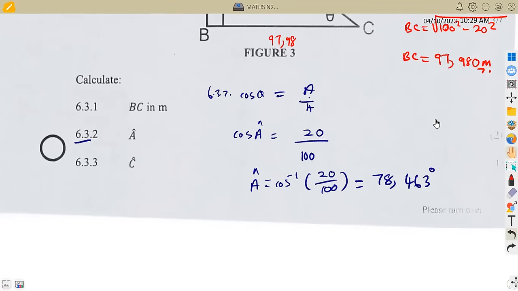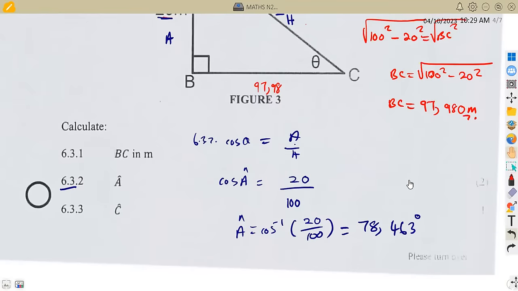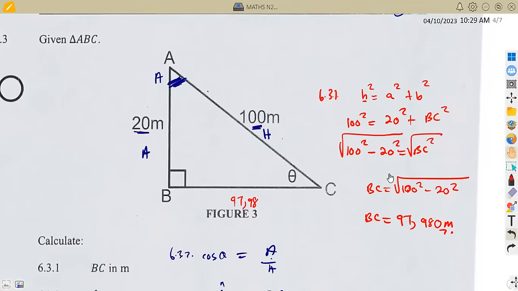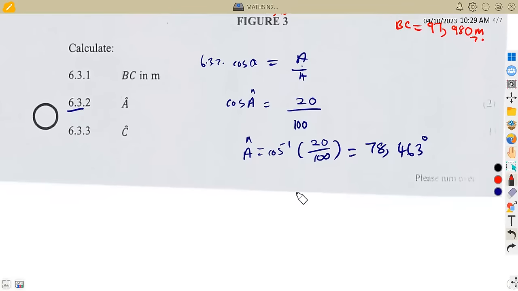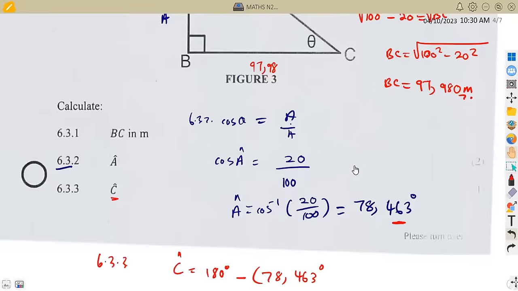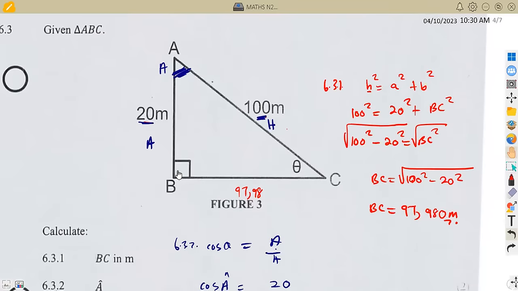Then to calculate angle C, since we now have the angle at A, remember that angles in a triangle add up to 180 degrees. So to find the angle at C, we subtract everything from 180: the 78,463 degrees at A, and the 90 degrees that we are given, since this is a right angle triangle.